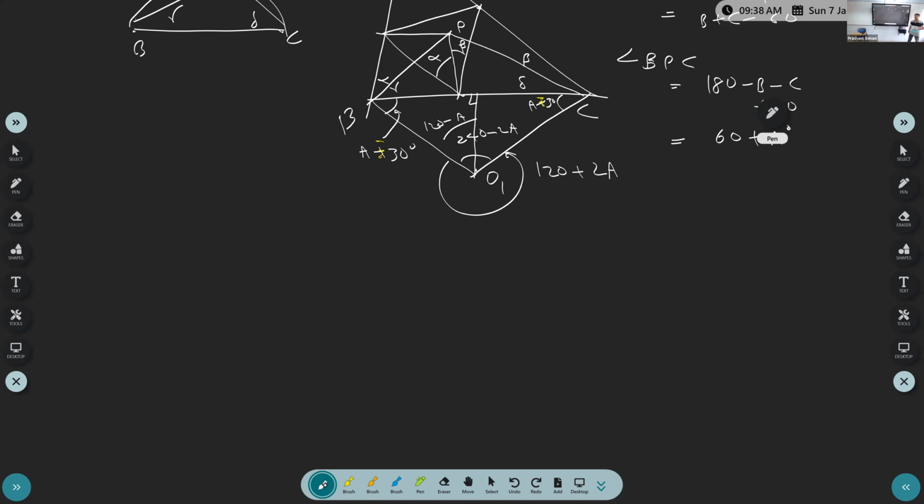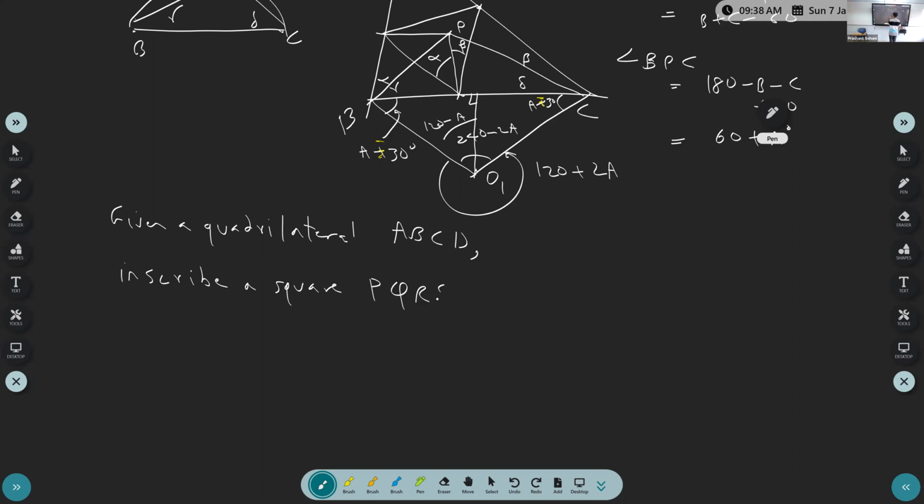And then the fourth question is, why don't we extend this for quadrilaterals? So think about this question: given a quadrilateral ABCD, construct with ruler and compass a square PQRS. Technically inside, but maybe the point can go outside the segment also.